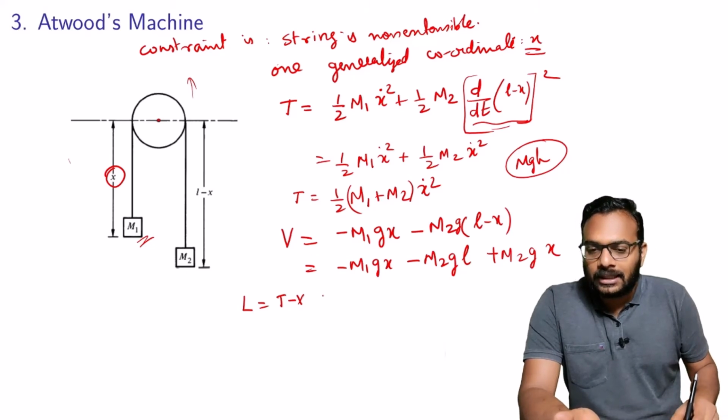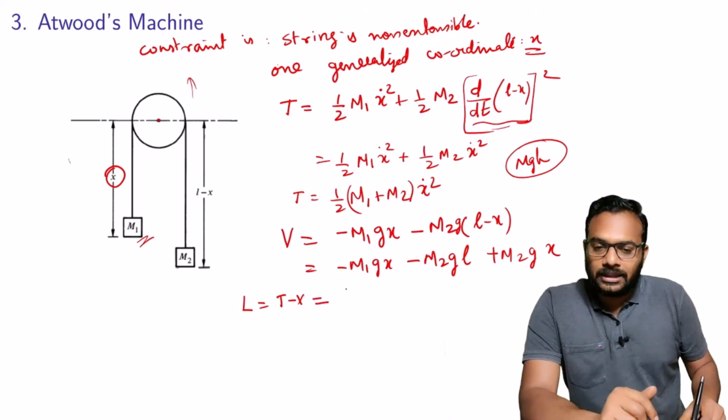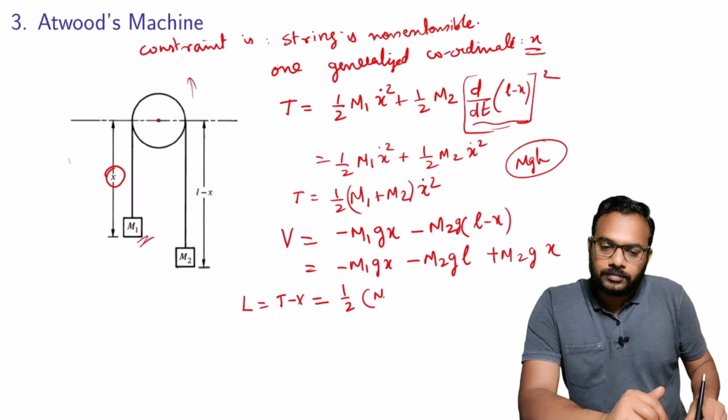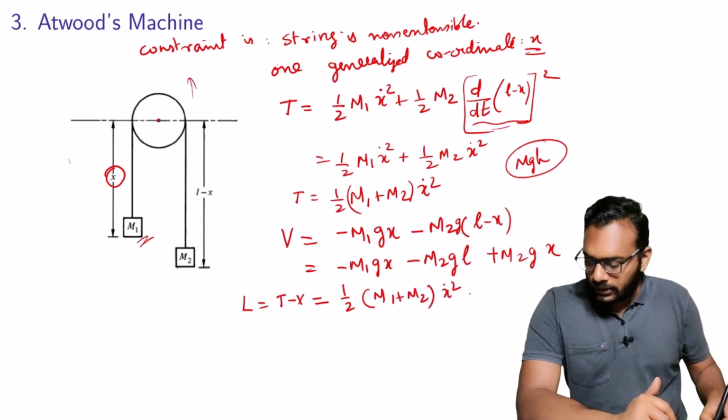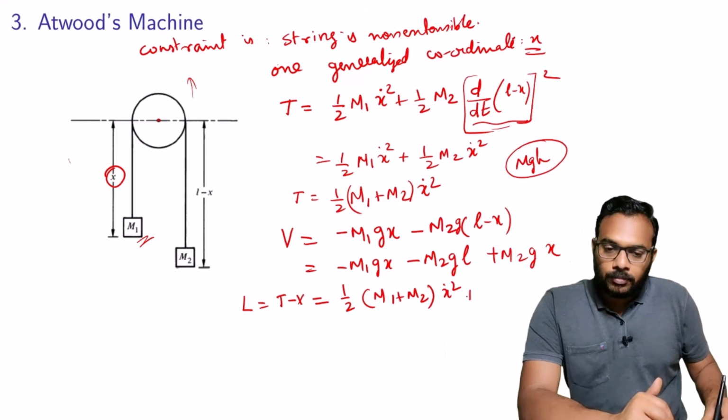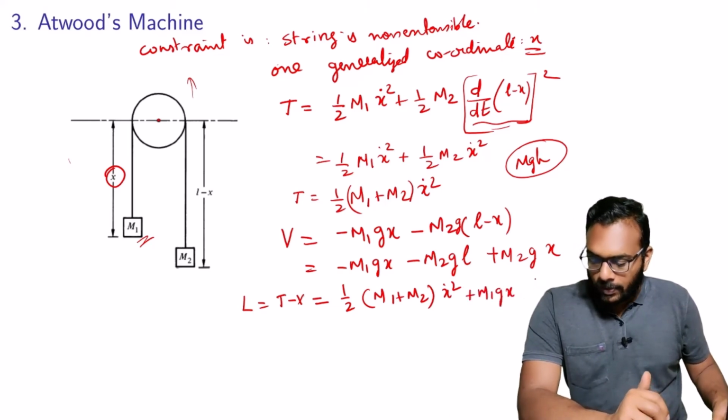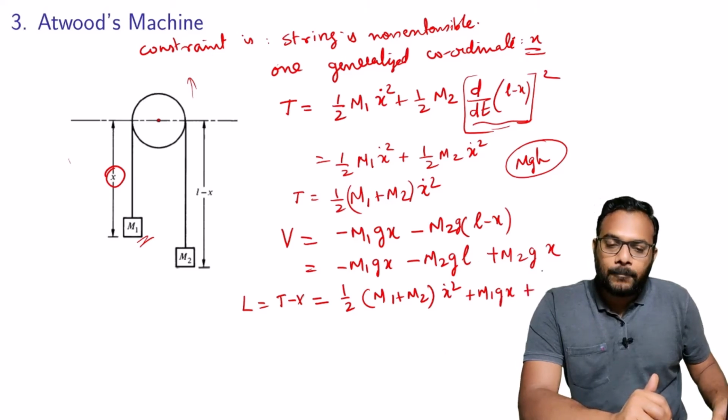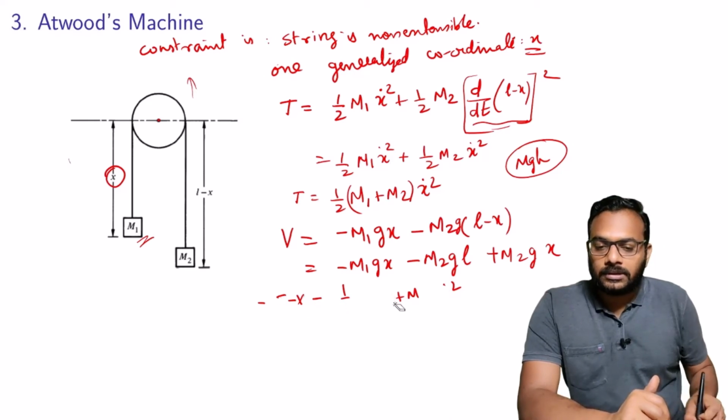What's the Lagrangian? L equal to T minus V, that's equal to half (m1 plus m2) x dot square, plus m1 gx, right, plus m2 gL. We don't have enough space here. Let's go to the next page.